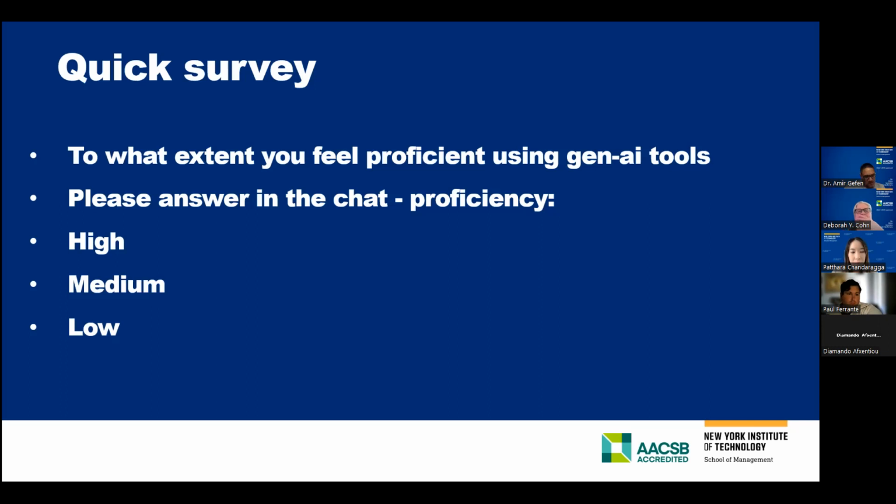If it's medium, then medium. If it's still low, which is absolutely fine, write low, just so I can get a sense. So I see here low, medium, high. It will help me also to adjust the explanations. So thank you for sharing.